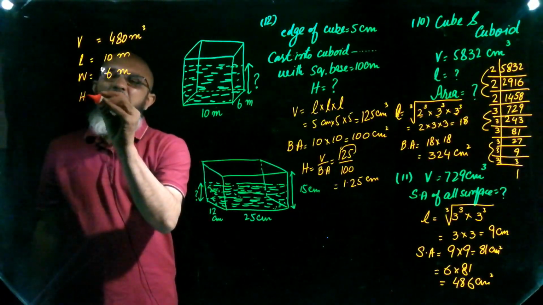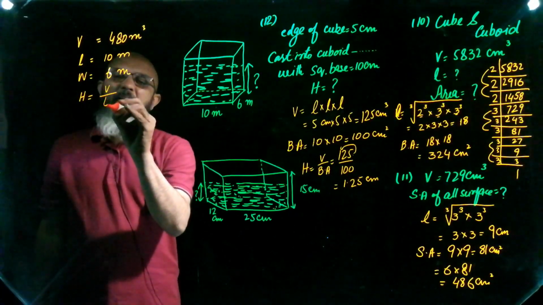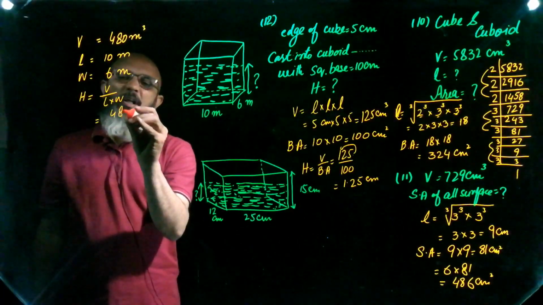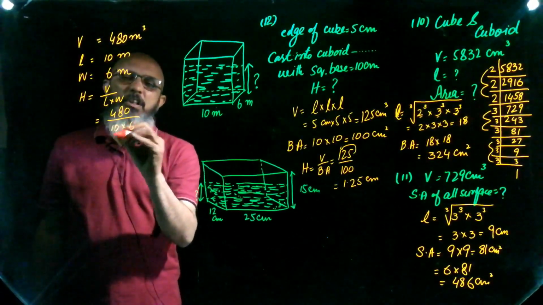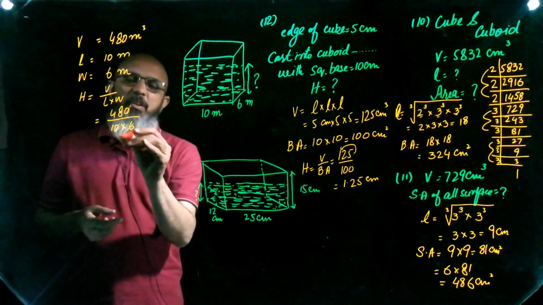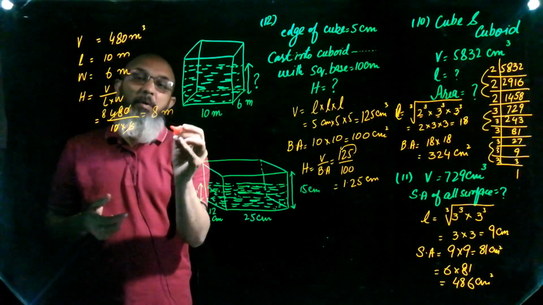Means height is volume divided by length into width. So volume is 480 meter cube over 10 into 6. Cancellation is easy. It comes to 8, so your answer is 8 meter.